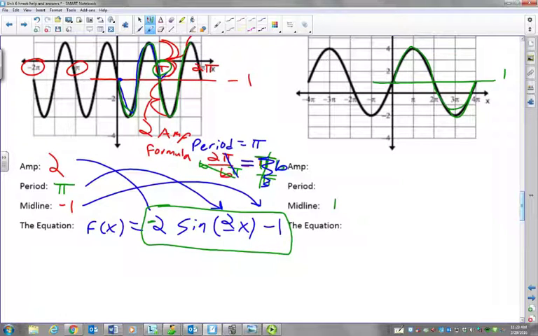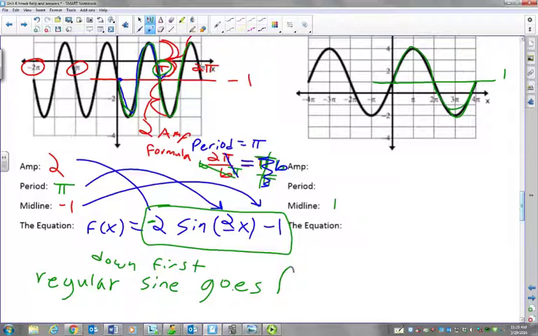So this is negative because we go down first instead of up first, right? Because regular sine goes up, then down, then up again. It goes up first. Okay, so we are going to say that this is actually a negative 2 sine 2x minus 1.